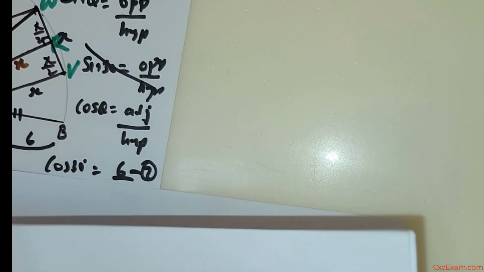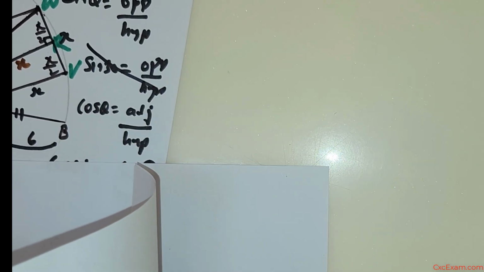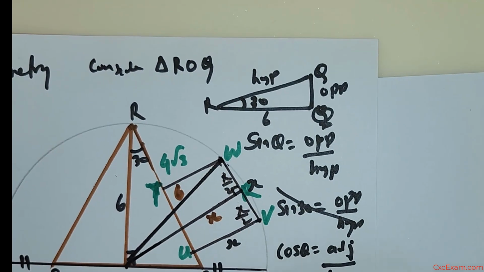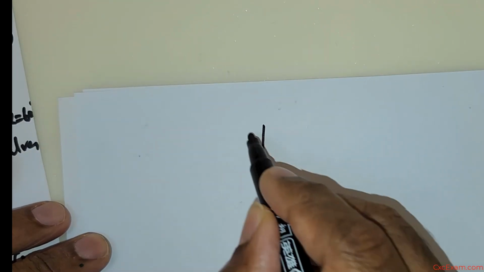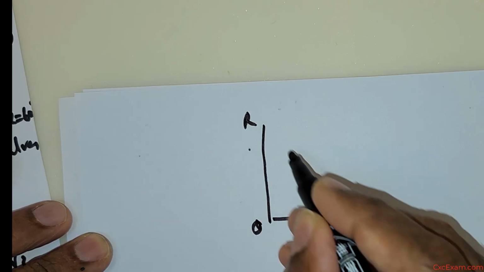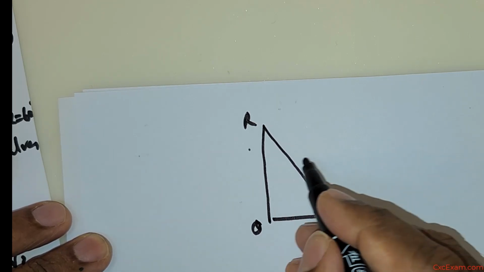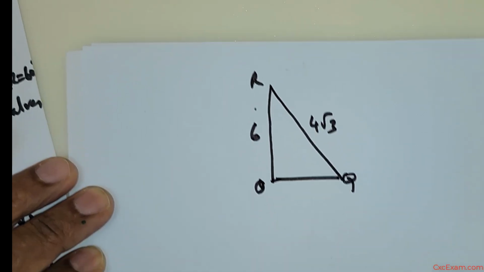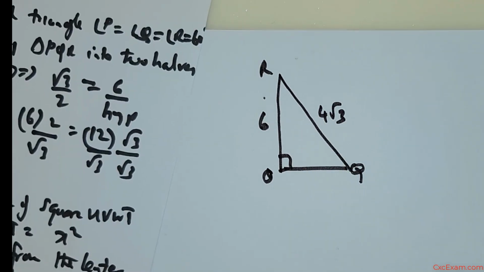So let me do that. Let me consider the triangle ROQ. This is R, this is O, and Q. Now this length is 4 times the root of 3, this length is 6 units, and this is 90 degrees.